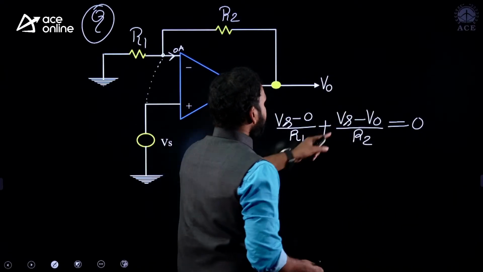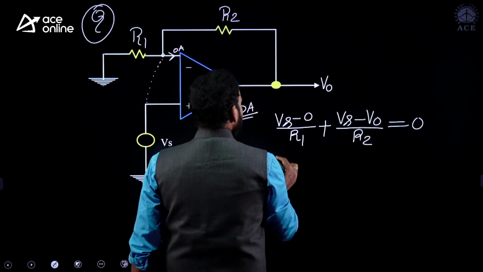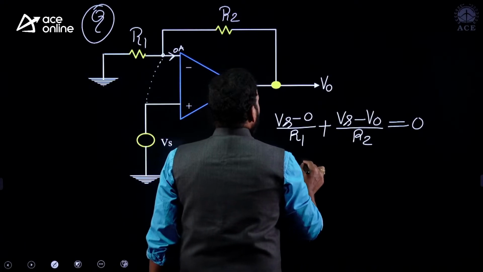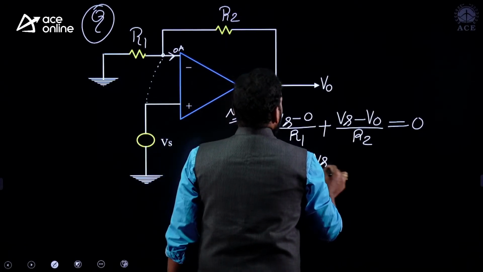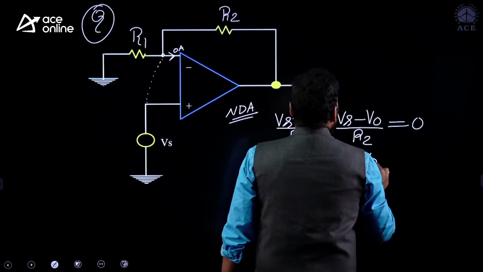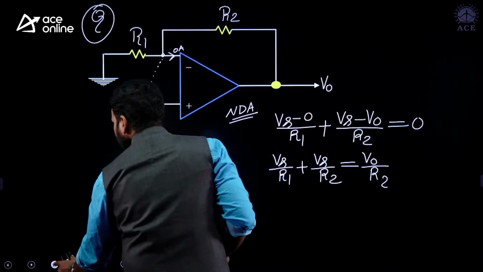Vs by R1 plus Vs by R2 is equal to V0 by R2. I want output voltage V0.